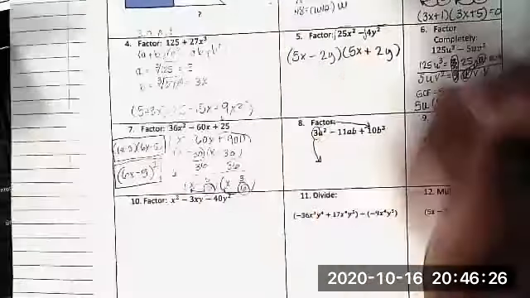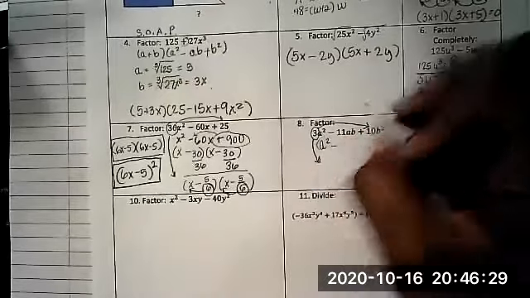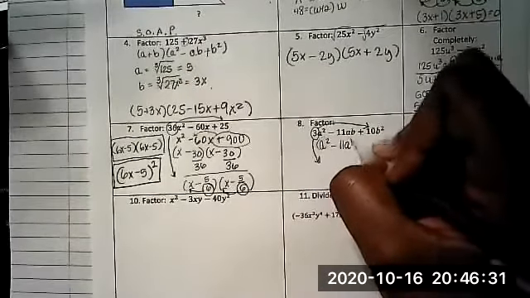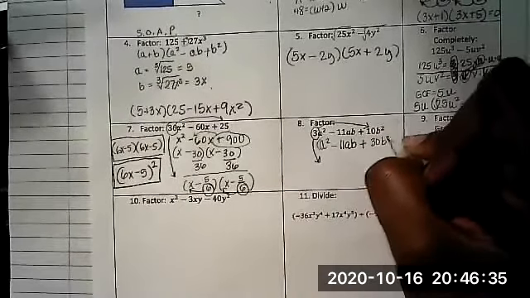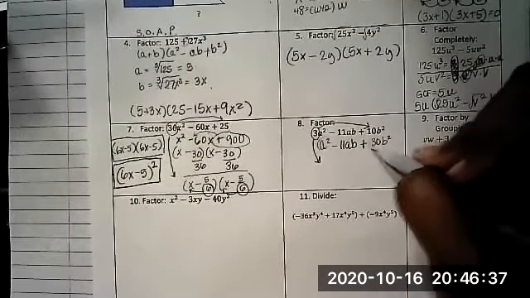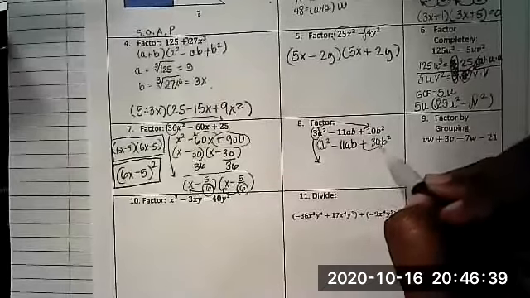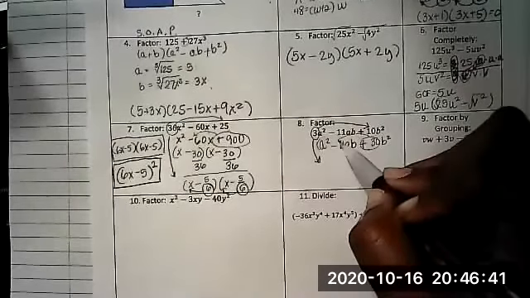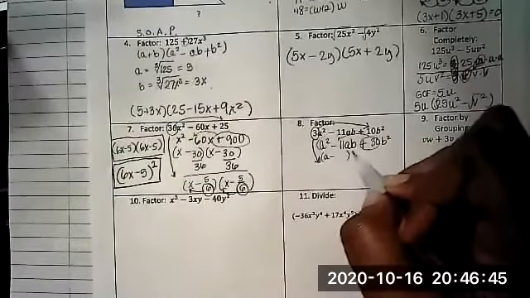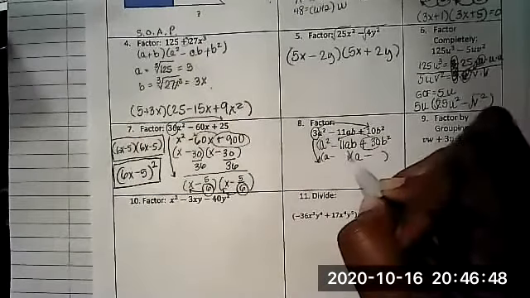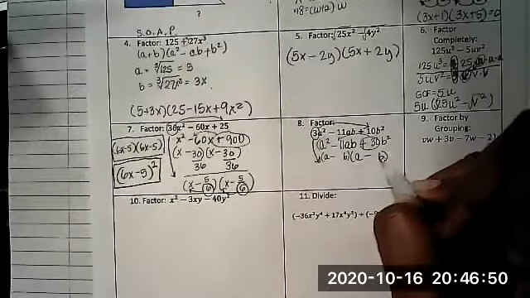It's going to be a squared minus 11ab plus 3 times 10 becomes 30b squared. Okay, multiples of 30. Remember, 30 is positive, so it's going to be the same sign. Both of them are going to be negative. So you're going to have an a here minus something, a minus something.